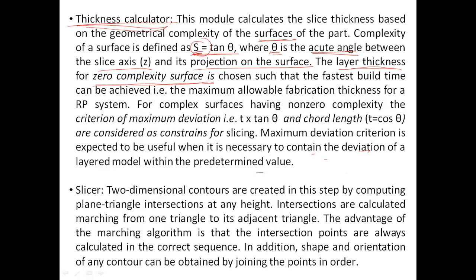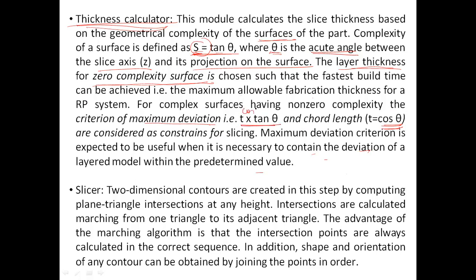For complex surfaces, basically it is t into tan theta, and the chord length is t equal to cos theta. So this whole concept, the criteria for maximum deviation, becomes cos theta into tan theta, and it becomes slightly difficult to comprehend over here.